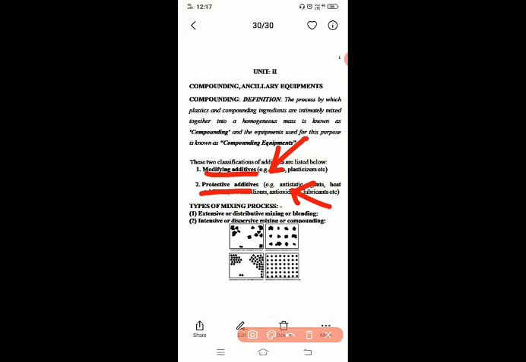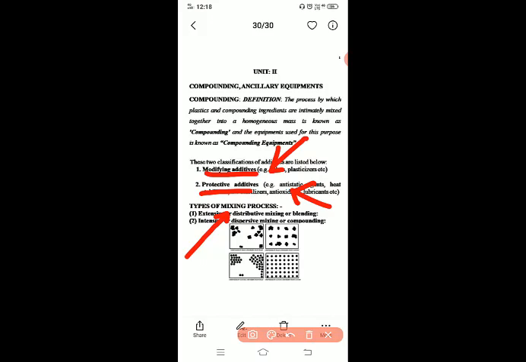Okay, now let us see what are the types of mixing process. There are two types of mixing process. One is extensive mixing or distributive mixing, also called blending. The second one is intensive mixing or dispersive mixing, also called compounding.